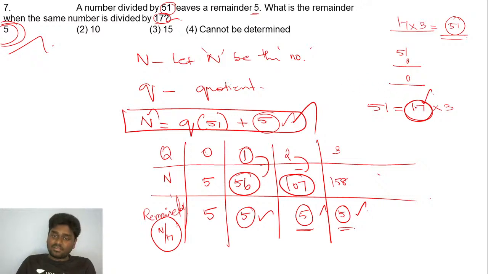If 17 is a factor of 51, then the remainder is going to be 5 for 51, again 5 for 17. That's it. Very simple, guys. Nothing to complicate here. This method will surely help you get the right answer. Let's go for the next question.